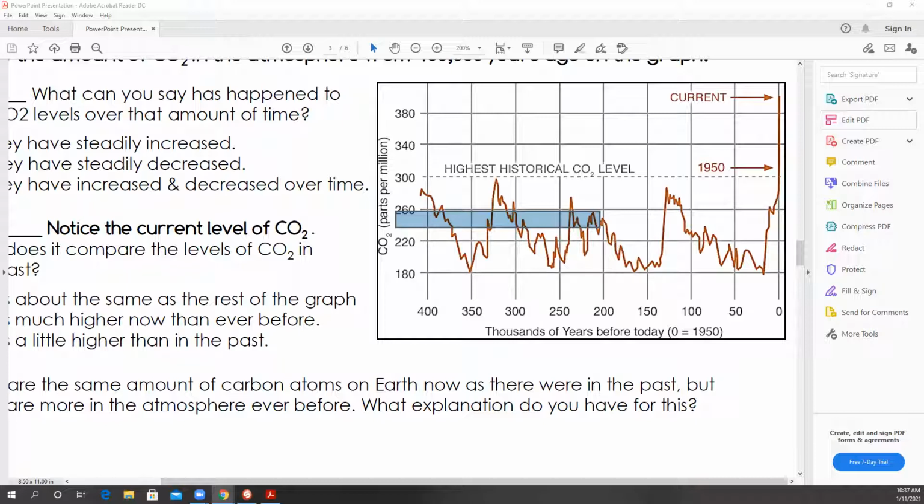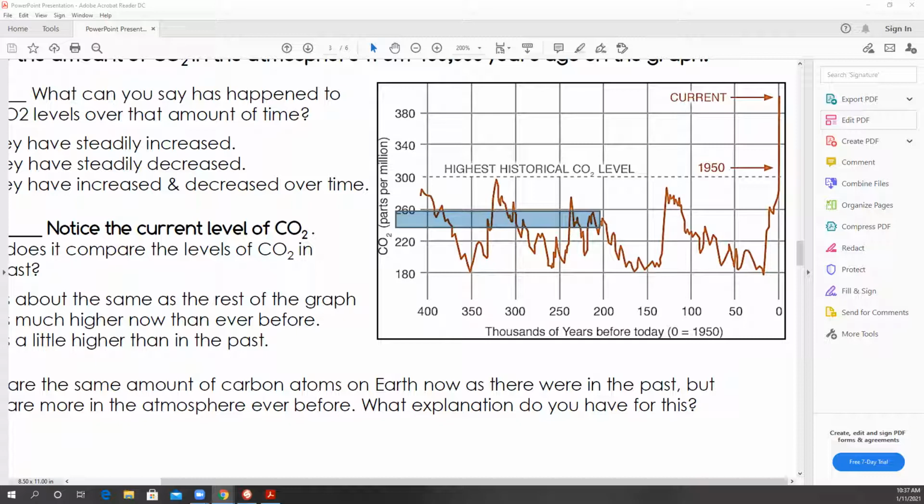Emerson? Okay, so we have some countries that are just now hitting their industrial revolutions. That means they're just now starting to build industry.